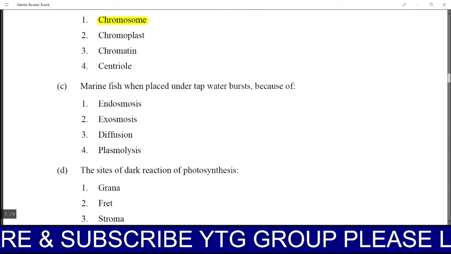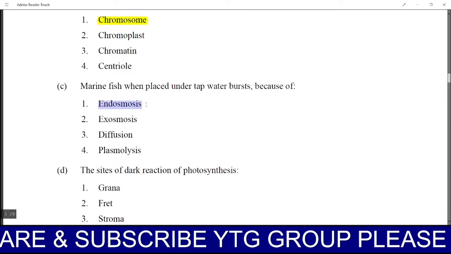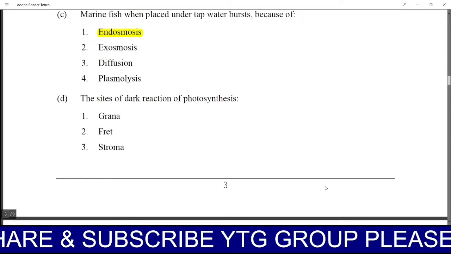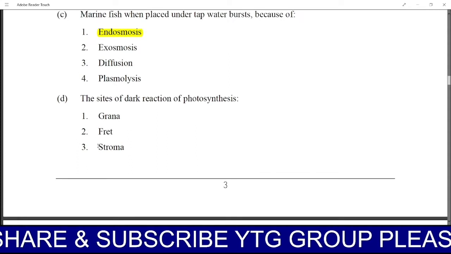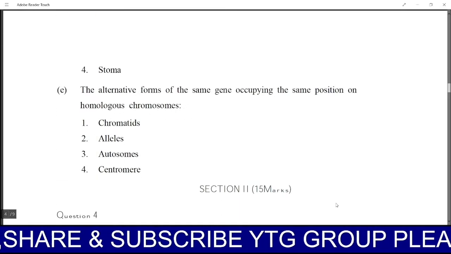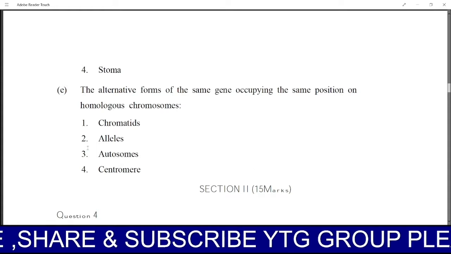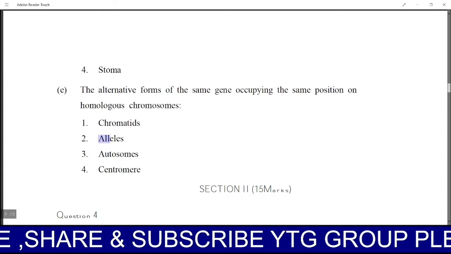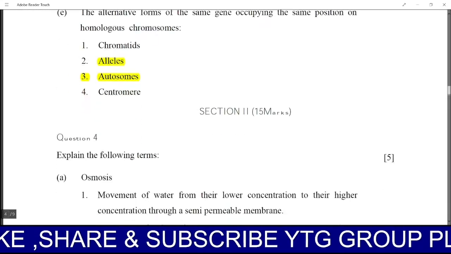Marine fish, when placed in tap water, burst due to endosmosis. The site of dark reaction of photosynthesis is the stroma. The alternative forms of the same gene occupying the same position on homologous chromosomes are known as alleles. I'm very sorry, it's alleles only.